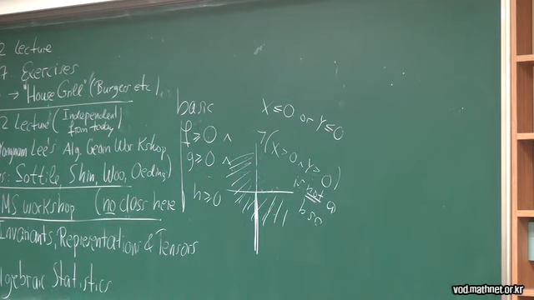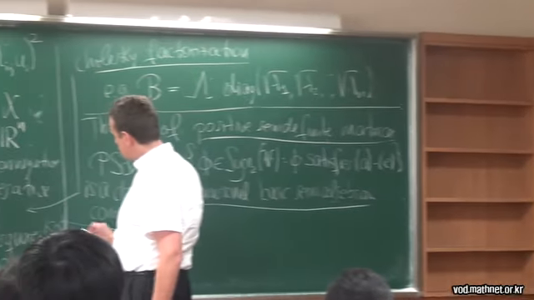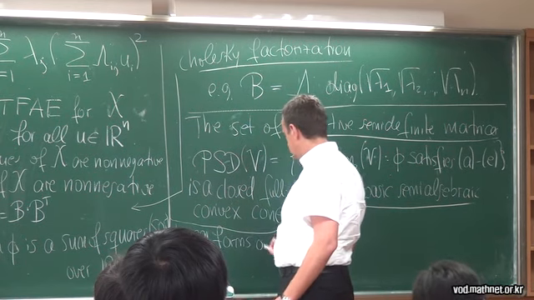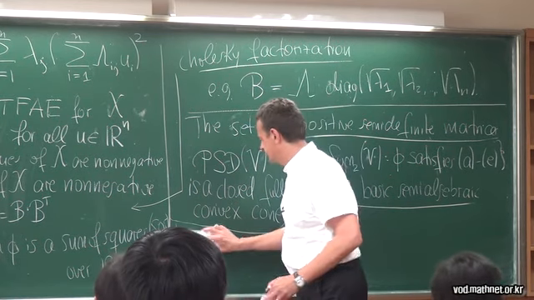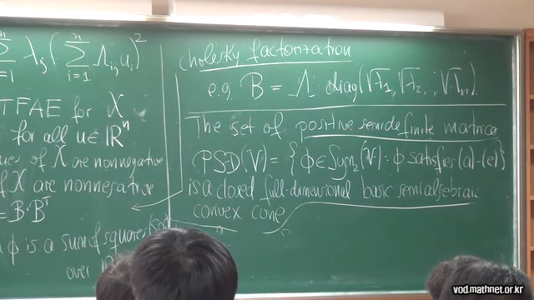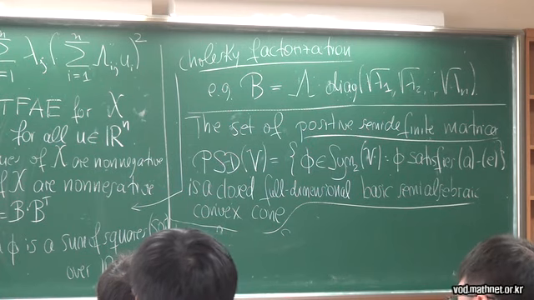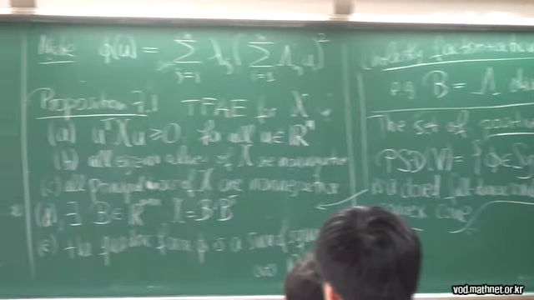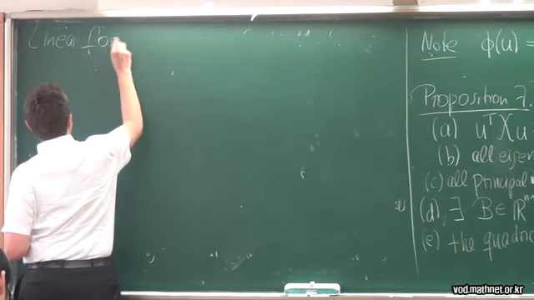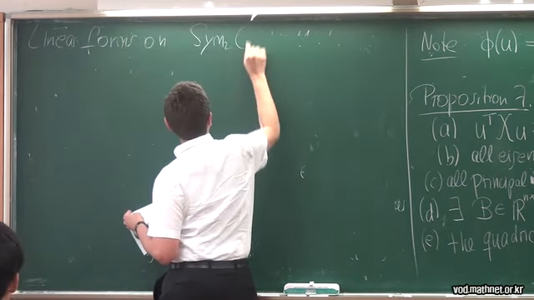Now in this space, Sym2, we have linear forms. Let me start again. Now I want to talk about linear forms on the space of symmetric n by n matrices.